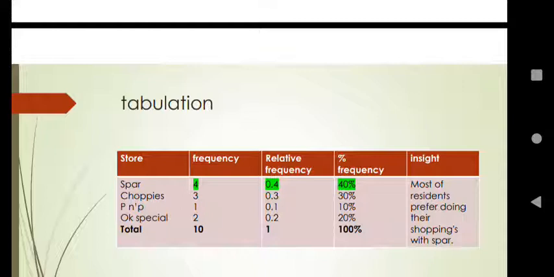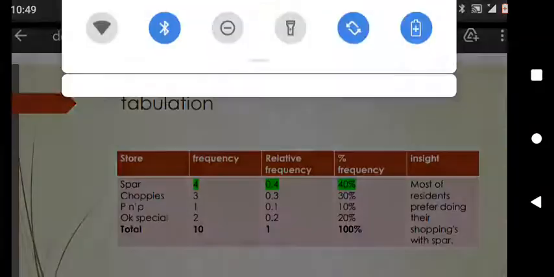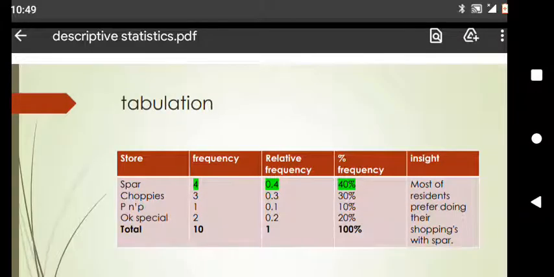As we said already, relative frequency is the fraction or proportion of the total number of data items belonging to the class. If it's 4 divided by 10, then it's 0.4.